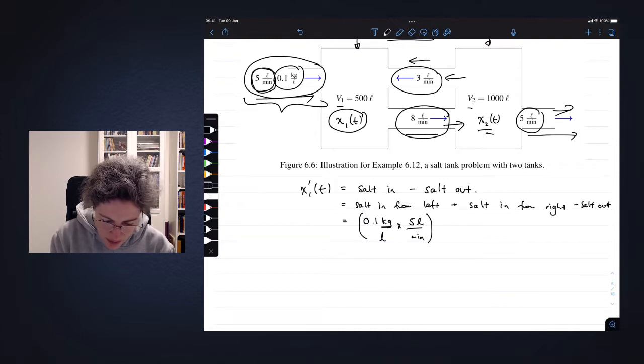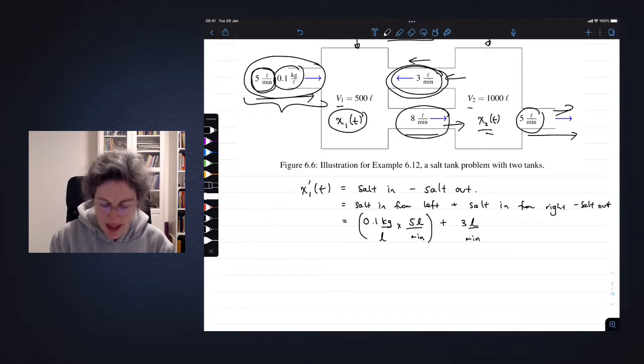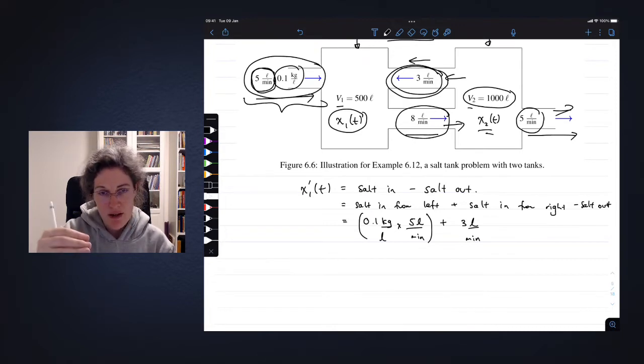If we think about the flow coming into tank 1 from tank 2, how much have we got? The rate is 3 liters per minute, and it's going to depend on how much salt there is in tank 2. That's however much salt there is divided by the amount of water, because we're looking at kilograms per liter coming in.